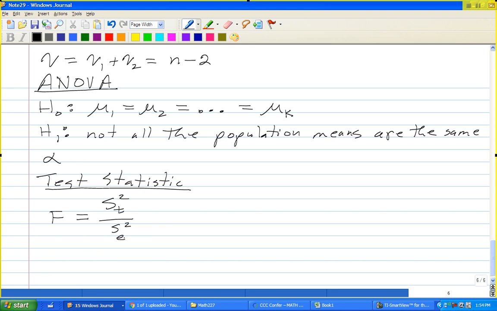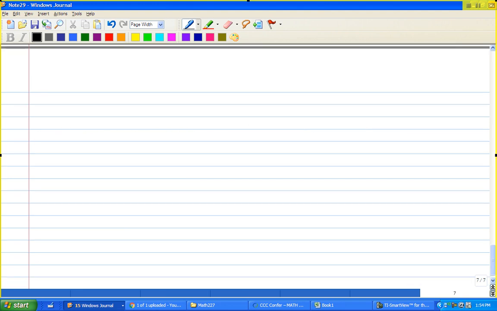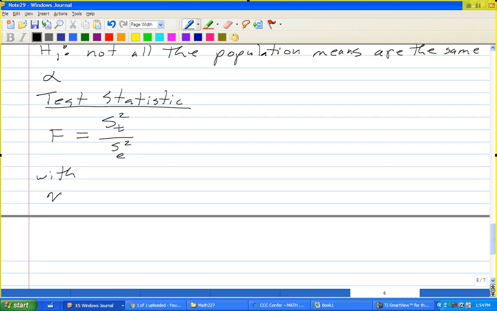So the variance due to the error, with degrees of freedom for the treatments, for the factors, is k minus 1. We have k factors, k treatments, and where the degree of freedom due to the error is n minus k.